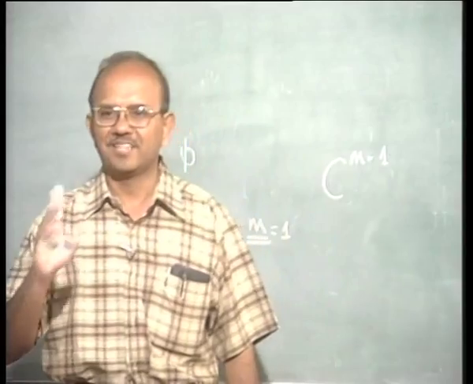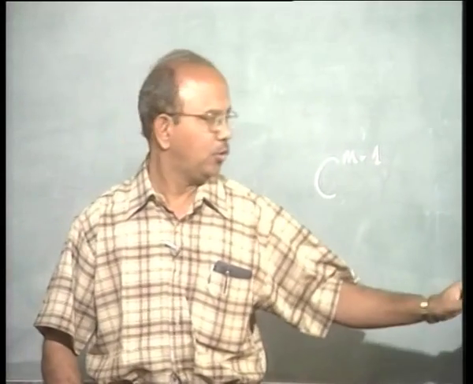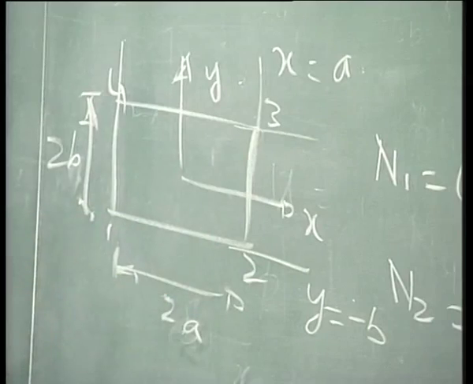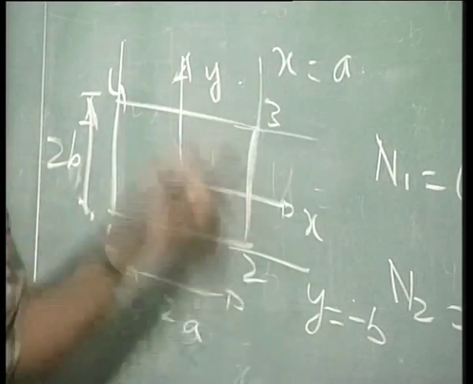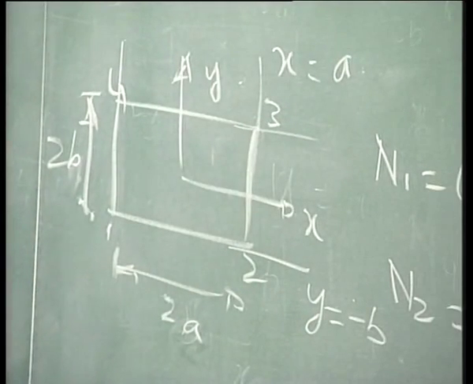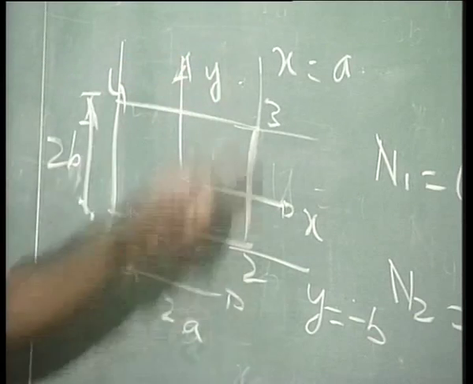The third clue I'm giving is that this node does not lie on these 2 lines, and all other nodes lie on these 2 lines.